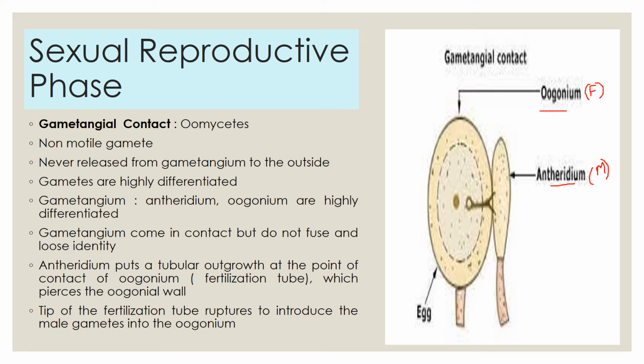Sometimes a tubular structure is also formed, and through this tubular structure it enters the female gametangium.